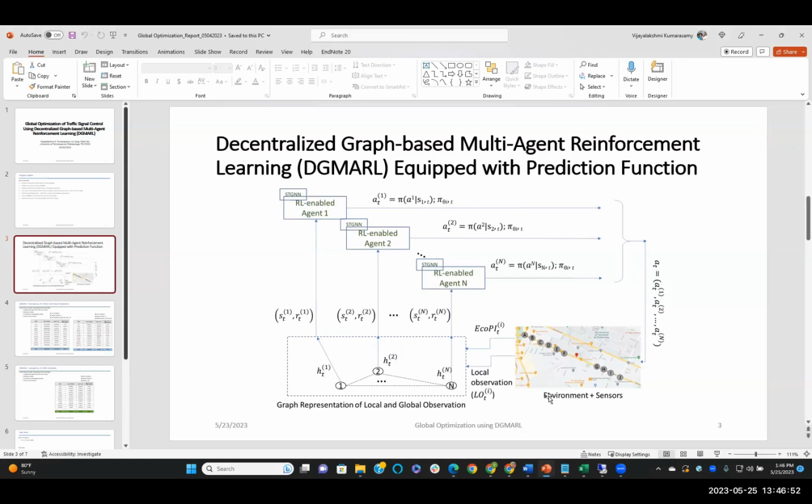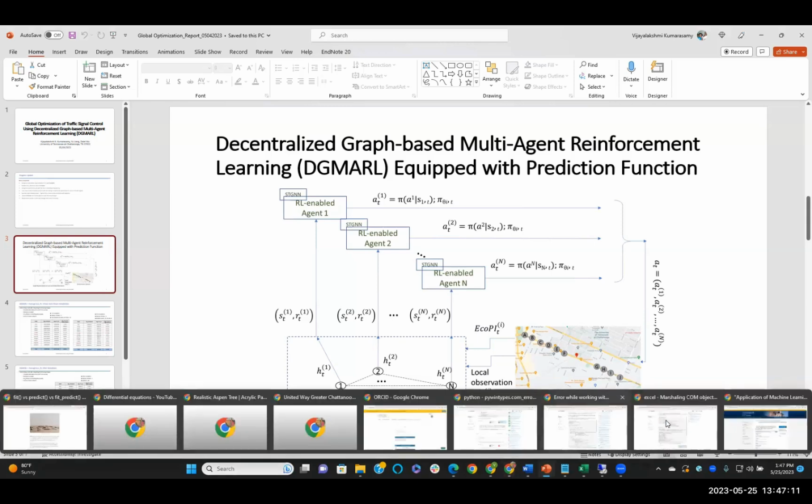But the challenging part is that my model interacts with the simulator, which is the PTV VISSIM traffic simulator. That is an EXE object. So when I was using threading, it was not able to access the shared object. That was the challenge I had.